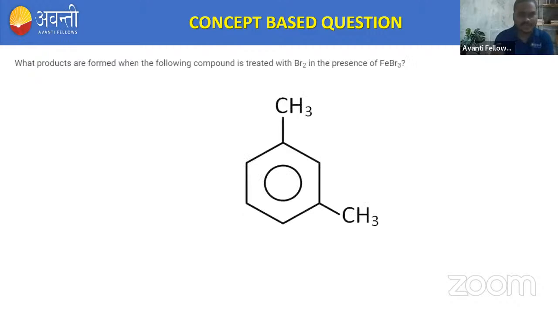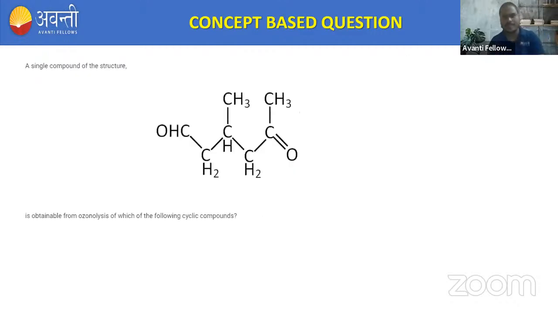So we have options like this. Let me explain this. Right? So the correct answer is like if you ozonize this ring, because the option is not given. So I'll explain this question.